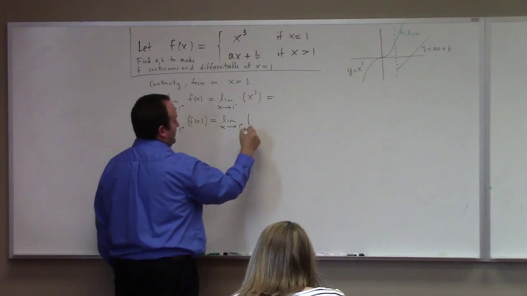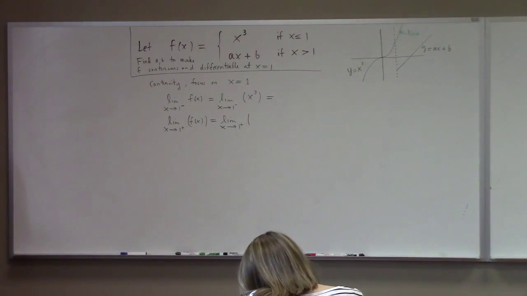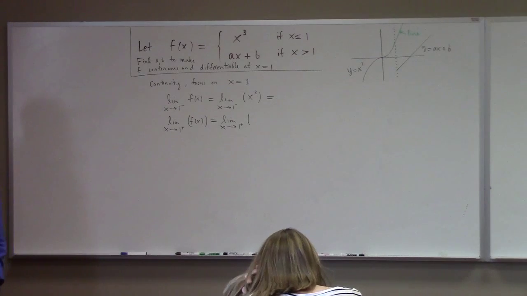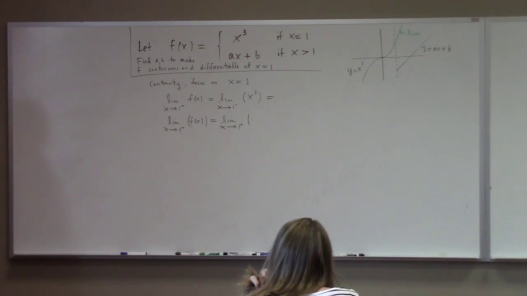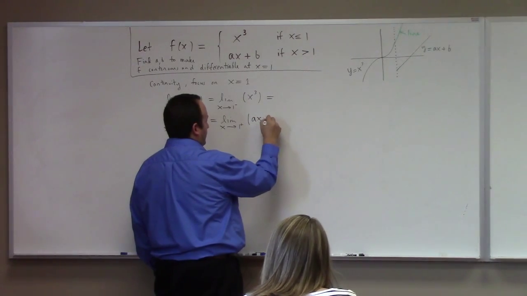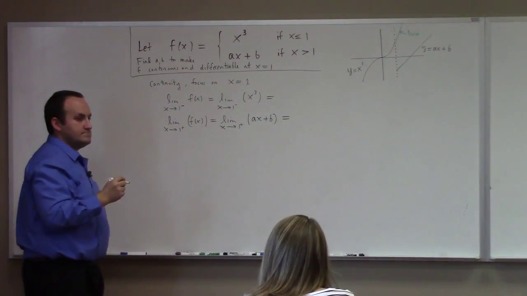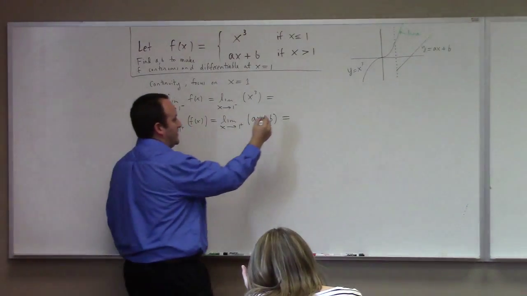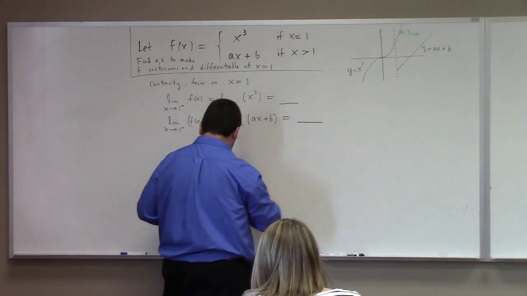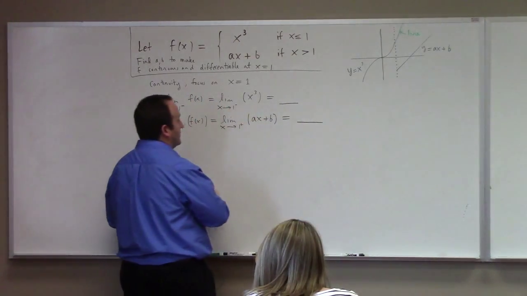If you look at the right limit, we use the other case, because the right limit considers values of the function to the right of the limiting value, which means we're in the second case, where the function's values are given by ax plus b. So can you tell me what these limits are? Fill in the blank for me here. One, right?